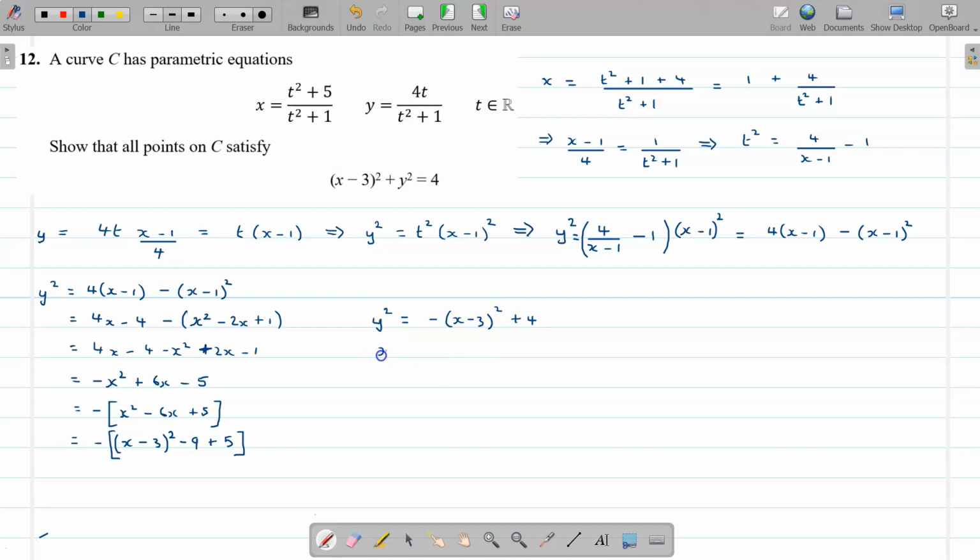I will have x minus 3 all squared plus y squared equals 4, which is exactly what they wanted you to find. Okay, now there may be other ways of getting there, possibly quicker than that, but that seemed to work quite well. Okay, next question.